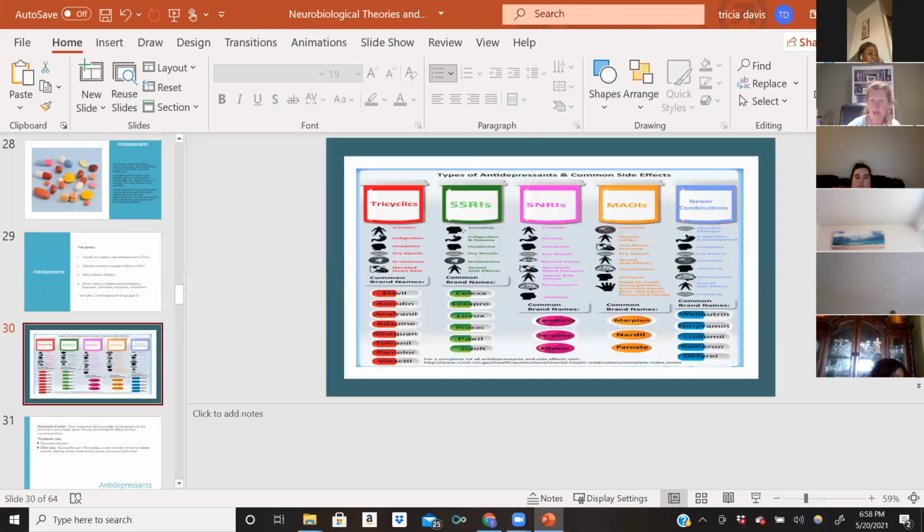So this is a nice little guide. You can read over this. It talks about the different groups of antidepressants and their commonly seen side effects, and then what medications would cause them. So this is a good chart.